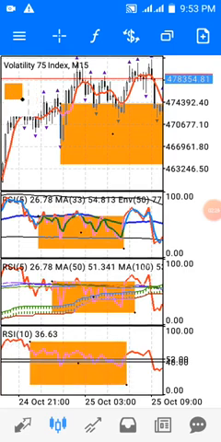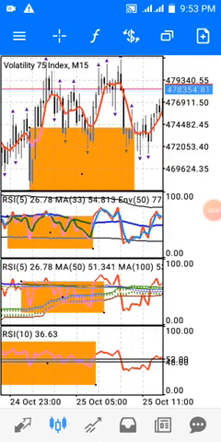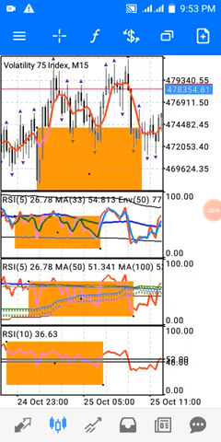Now all these windows have their own signal, and the synchronization of all these signals on all four windows may likely give you a perfect trade entry. Okay, now let's start with the main window.